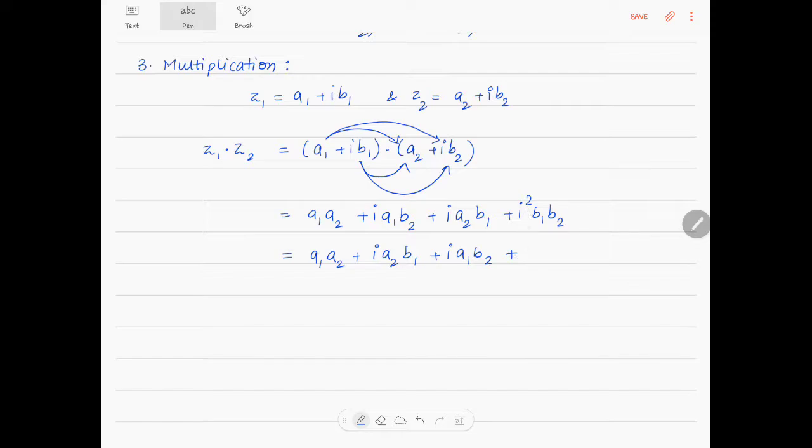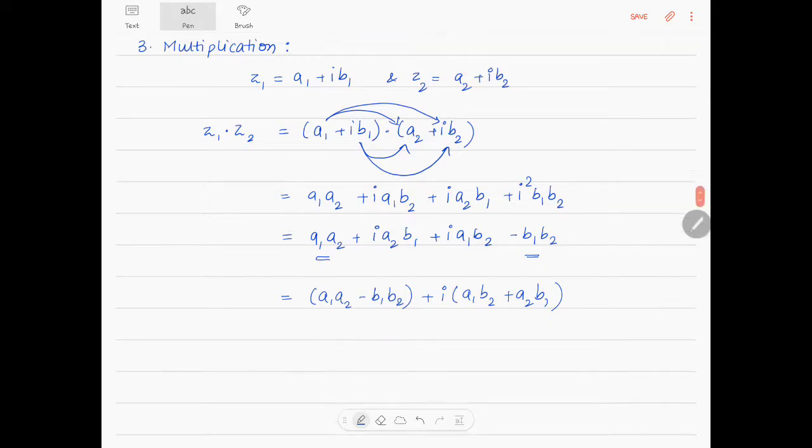Since i square is minus 1, we can write a minus here, which is minus of b1 b2. If we bring together the real terms, a1 a2 and minus b1 b2, we are left with a1 a2 minus b1 b2. This is the real part. Plus, if we take i common from the leftover terms, we are left with a1 b2 plus a2 b1. In this manner, we have multiplied the two complex numbers. Not at all that difficult, and you can simply do it by yourself.